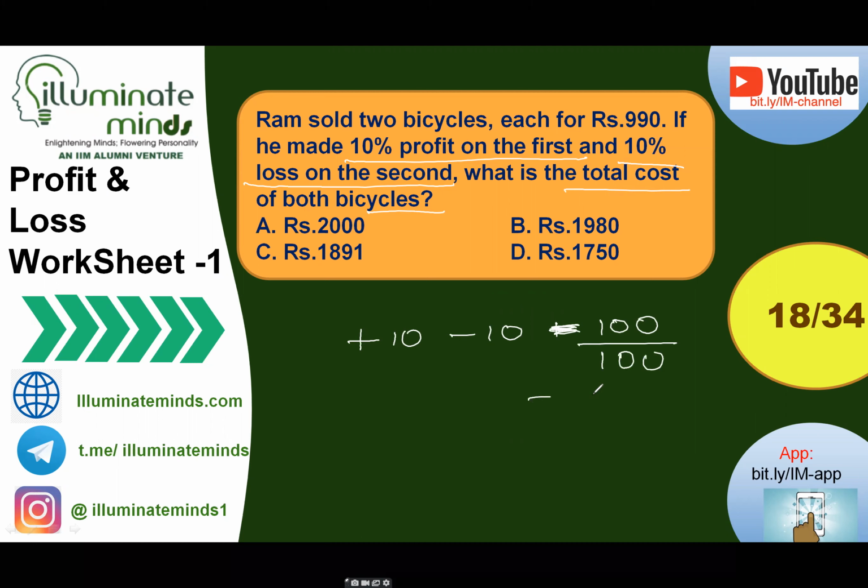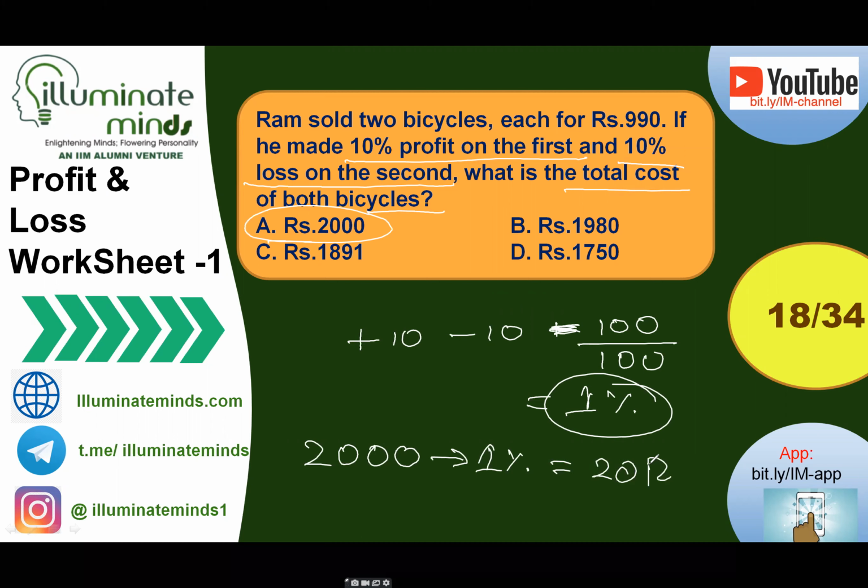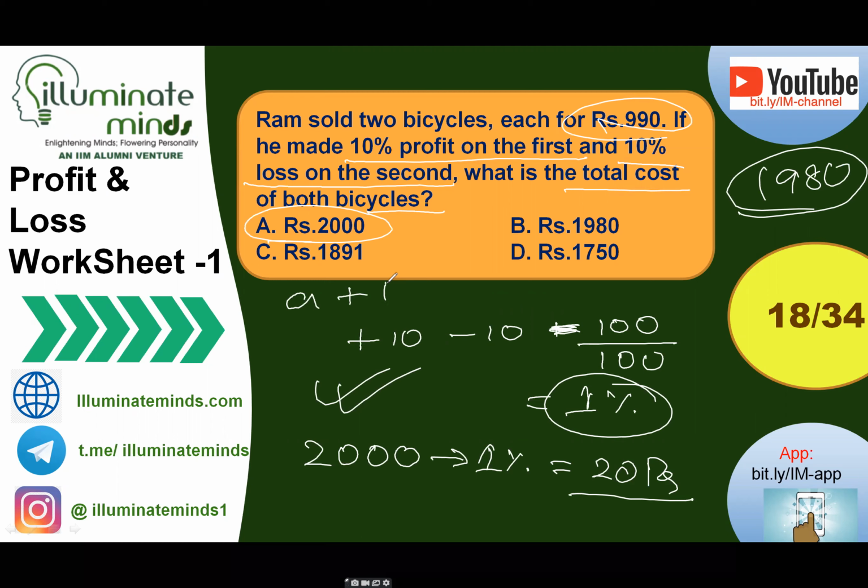This will give me 1% loss. So if you look at the values, 2000, 1% will be equal to 20 rupees, and 990 plus 990 will be equal to 1980. So this formula works well. This formula is A plus B plus minus AB upon 100.